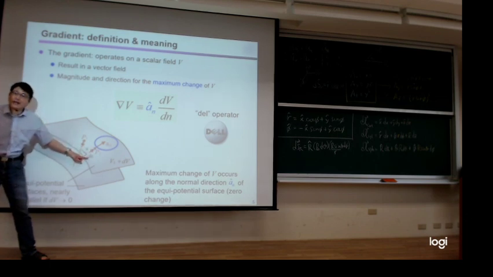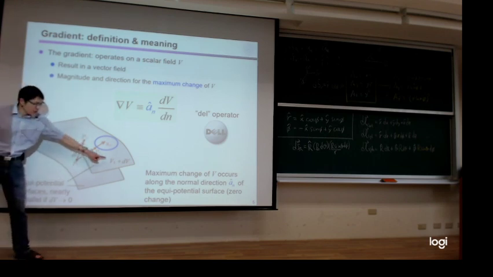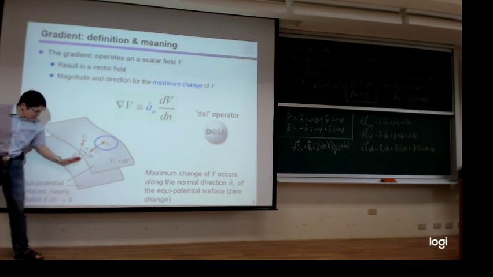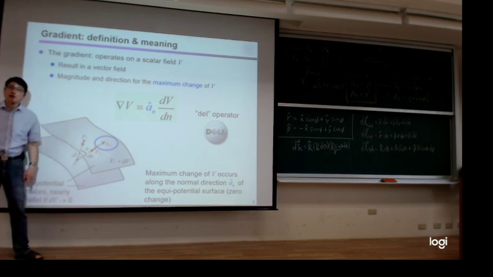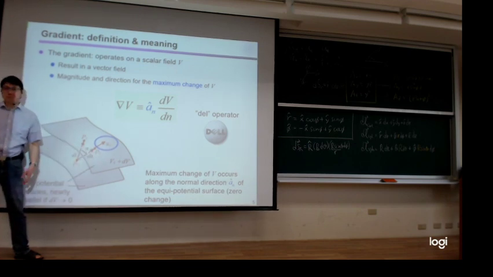This is called dN, which is normal to the equipotential surface. The normal direction takes the shortest distance. So if you take the gradient of the height, the gradient will be oriented in this direction, P1 to P2, telling you this is the shortest path to climb from level 1 to level 2. Okay?